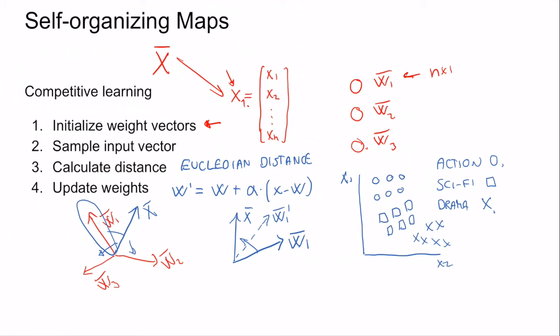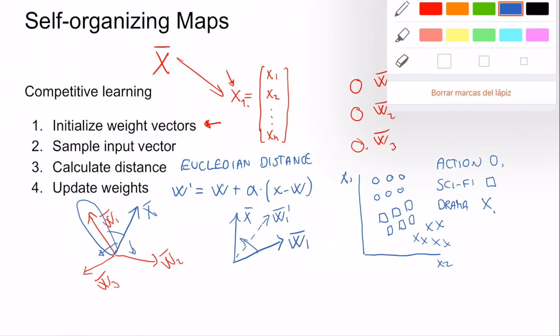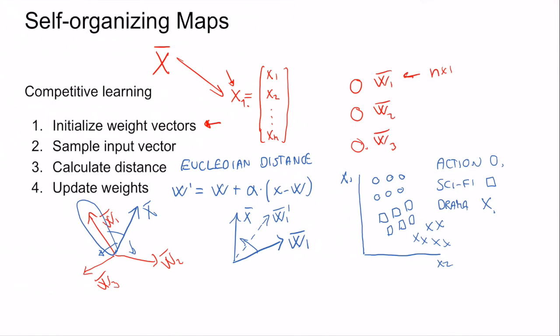Now, what we will see when we apply this competitive learning algorithm is that our weights, say for instance that by just random initialization, W happens to be closer to this group of, to this element here, to this input here, so then it gets selected.